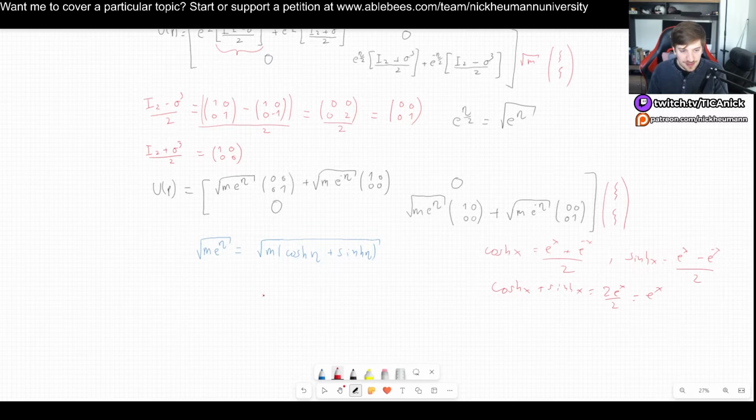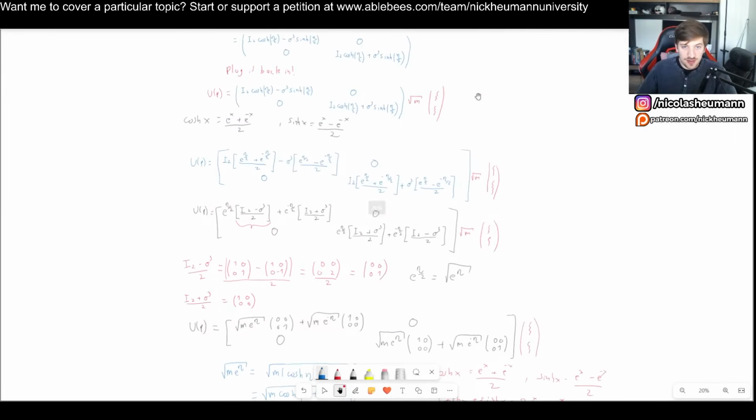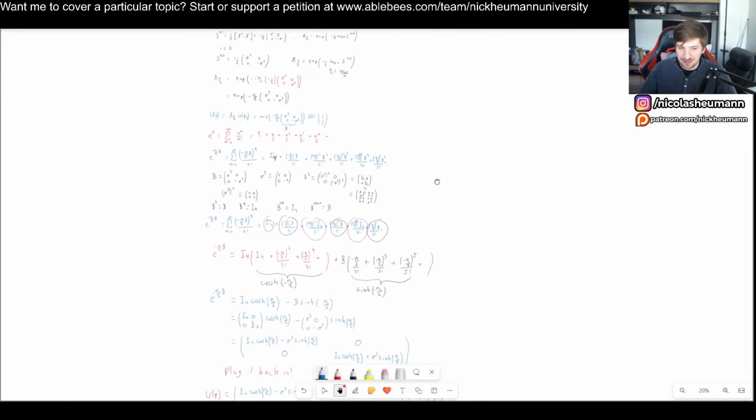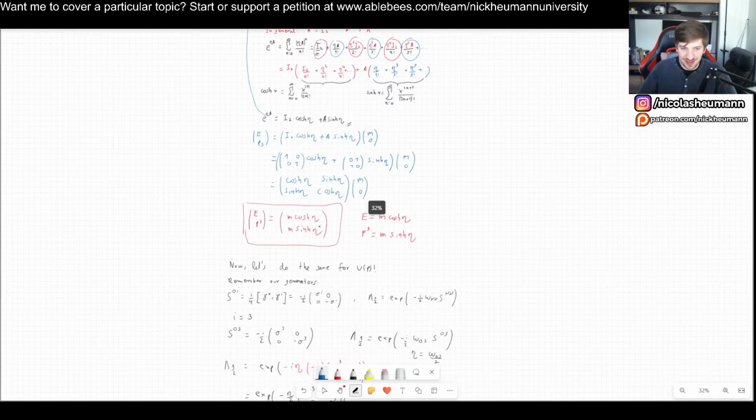And that means, actually maybe I'll write it down here. So this is square root of m hyperbolic cosine of eta plus m hyperbolic sine of eta. But now comes into play what we found earlier. So if we go up somewhere, my handwriting is slowly becoming bigger as we go further down the document.